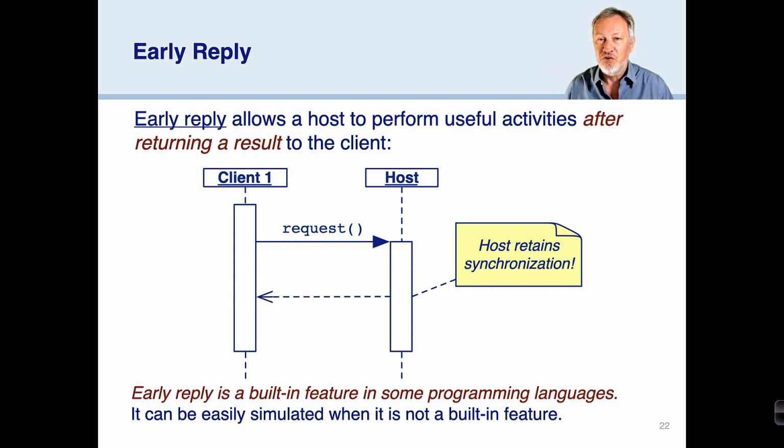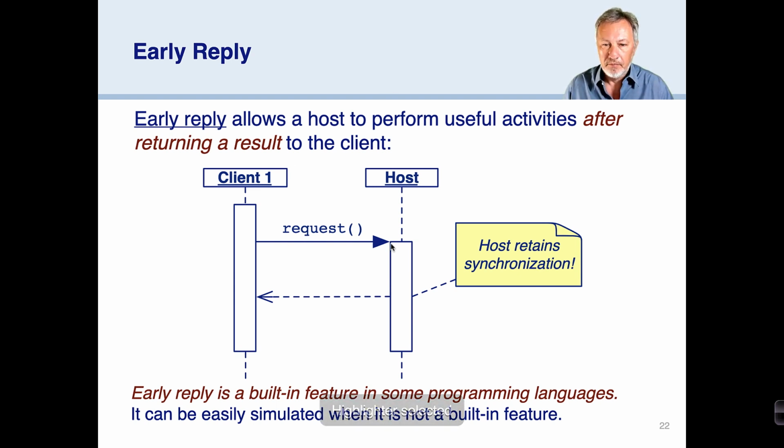You can have additional code following afterwards. Normally, in most programming languages, with a return, you cannot have any code following the return. So the reply is similar to a return, except it does allow you to do something afterwards. However, clearly Java does not support early reply, so we have to simulate it. The key thing is that we have to somehow retain synchronization.